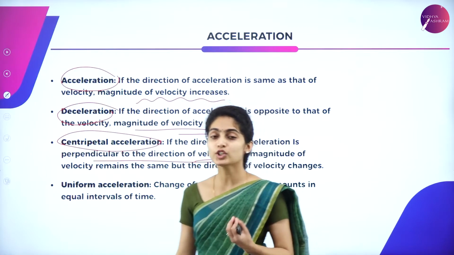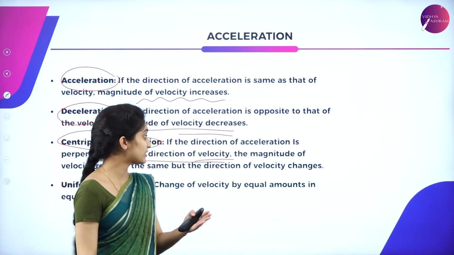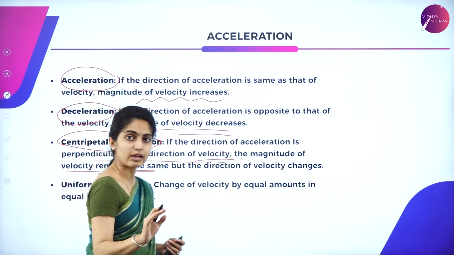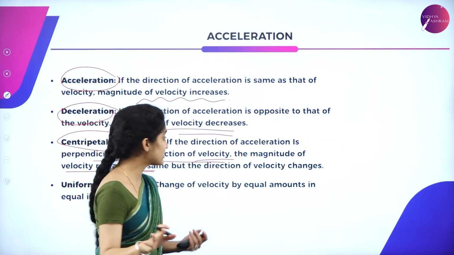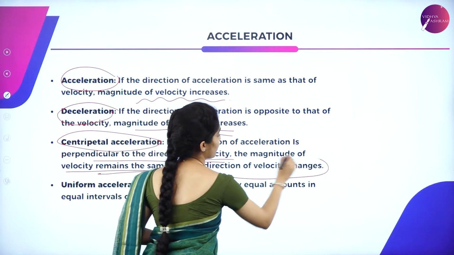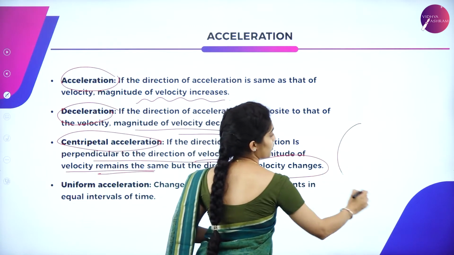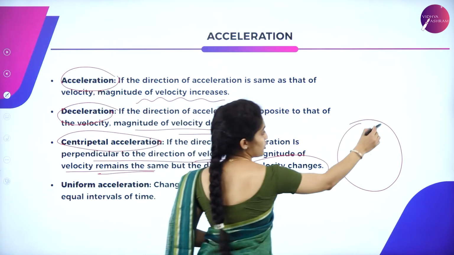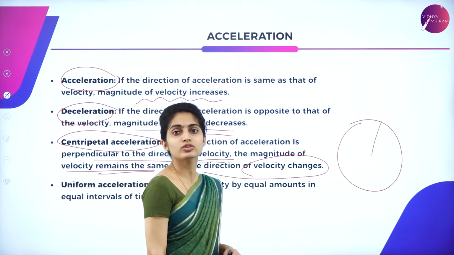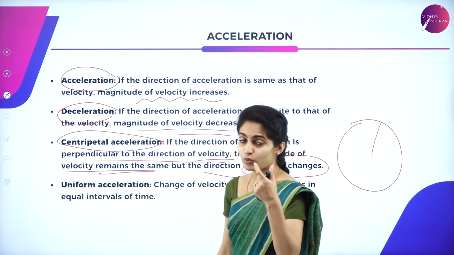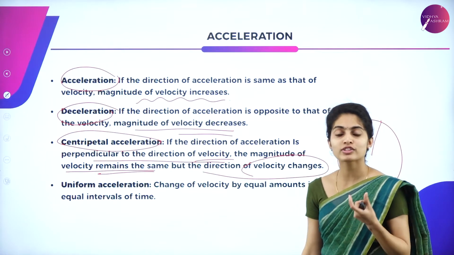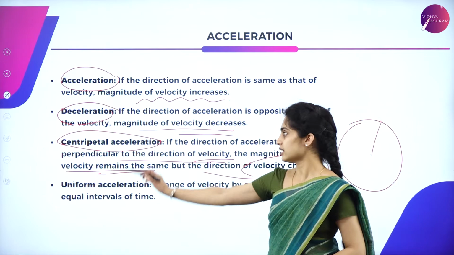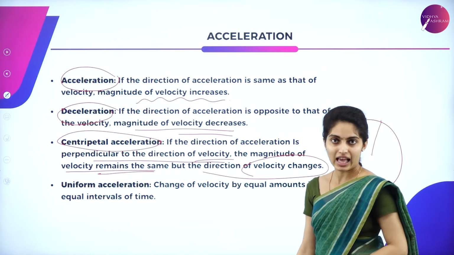The magnitude of the velocity remains the same, but the direction of the velocity changes in case of a circular path. That is nothing but centripetal acceleration.